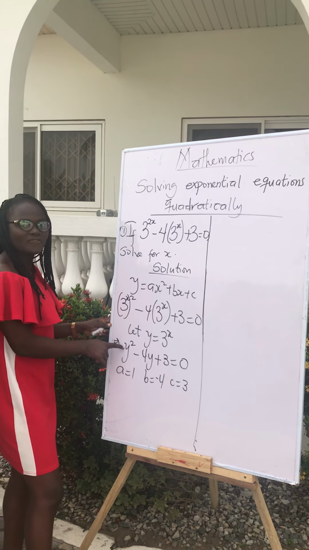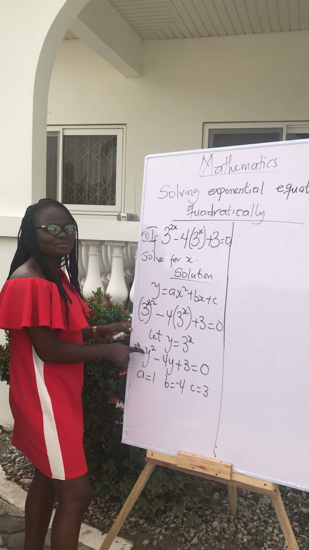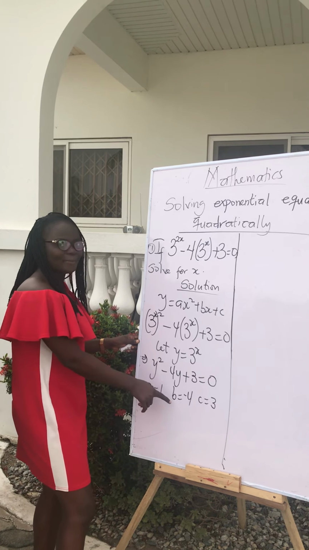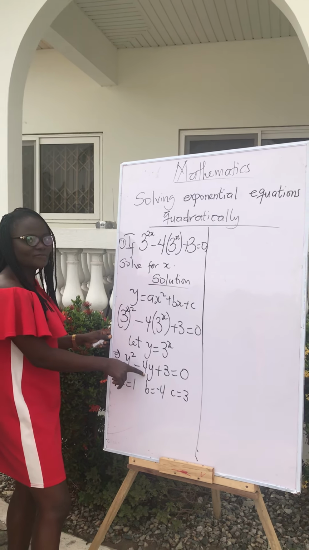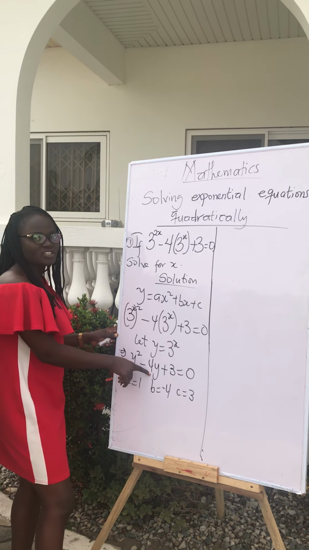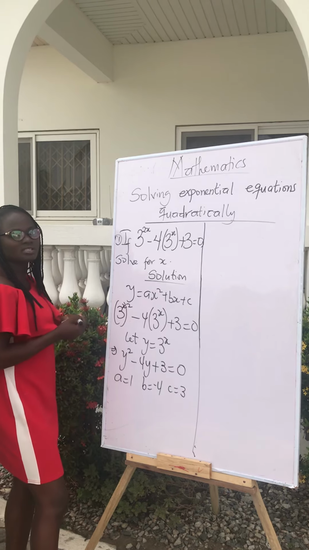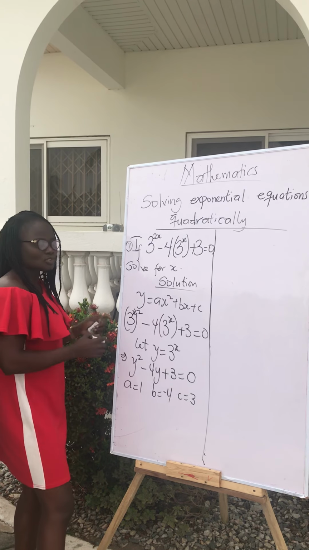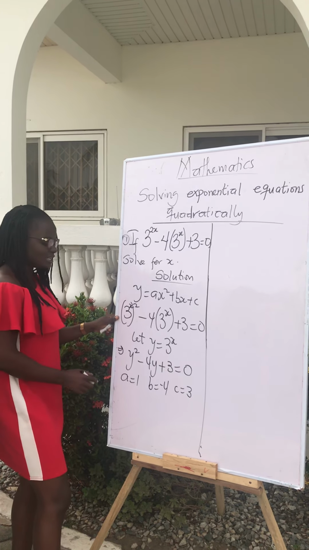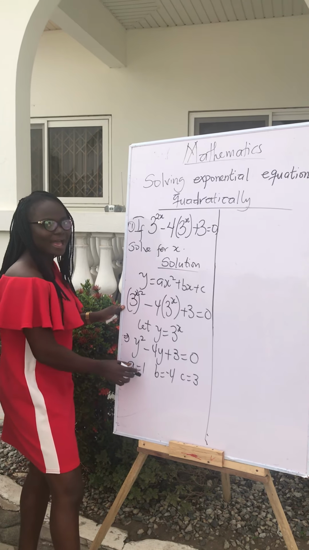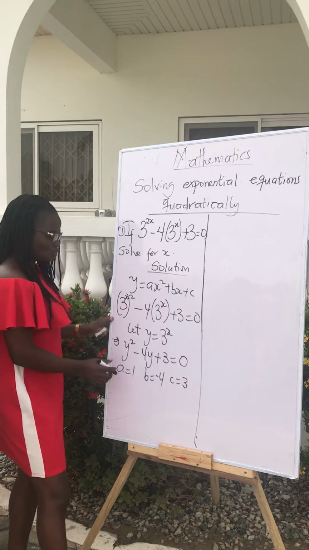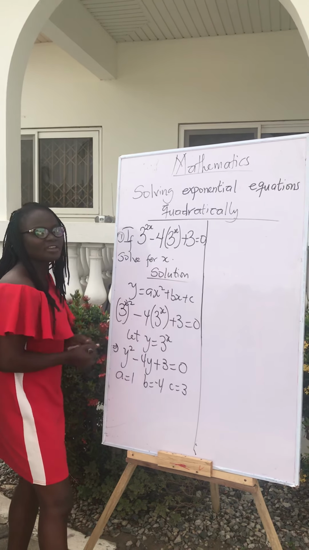That is the coefficient of the highest exponent. Our b is negative 4. That is the coefficient of the y. Then our c, which is the constant, is 3. So when you get it this way, multiply your a by your c. So 1 times 3 gives us 3.